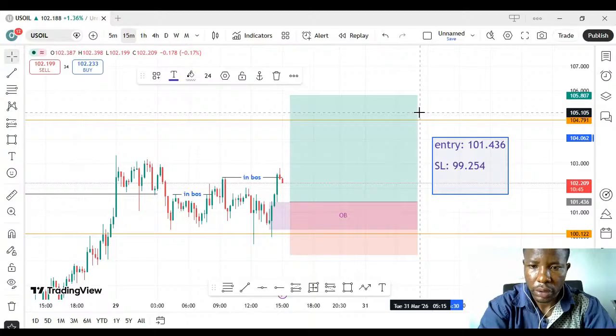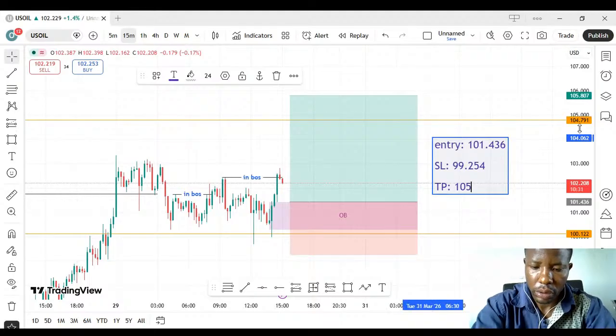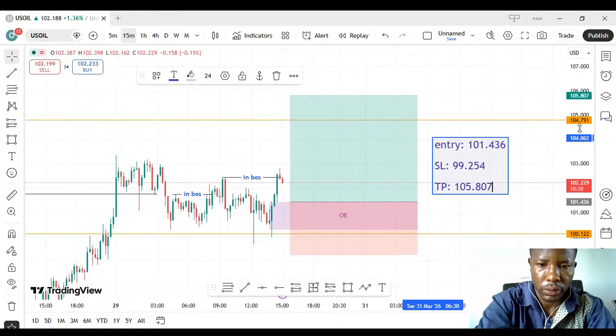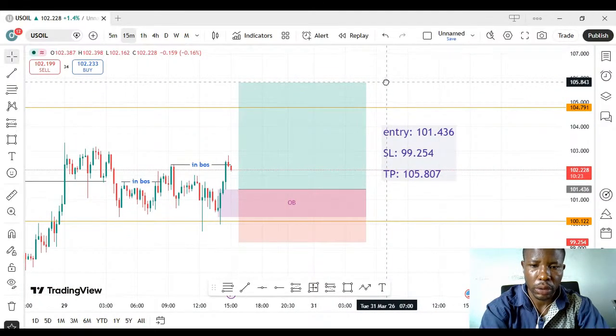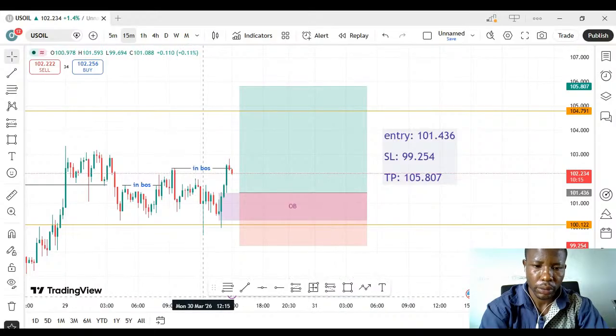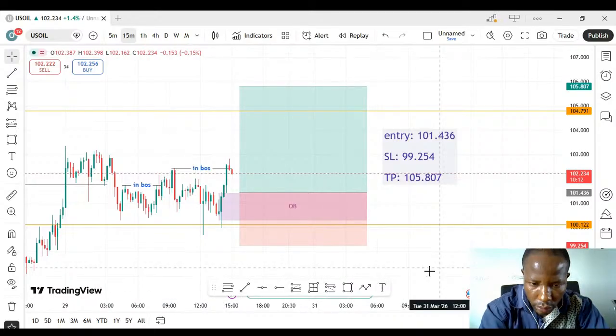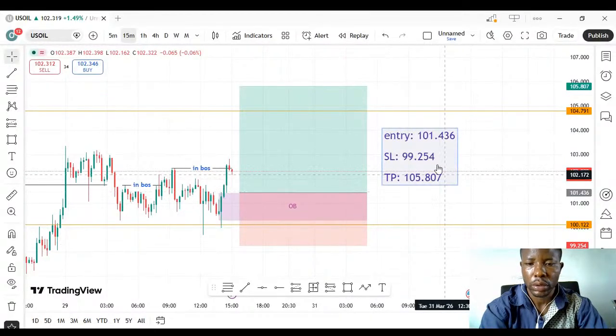Our take profit, we are targeting 1 is to 2. Our take profit is 105.807. Alright guys, you can take a screenshot of that. That is what we got on US oil.